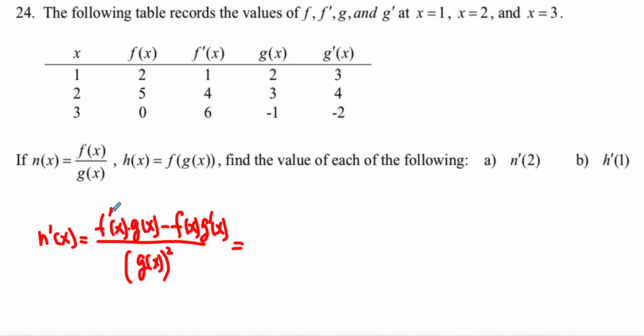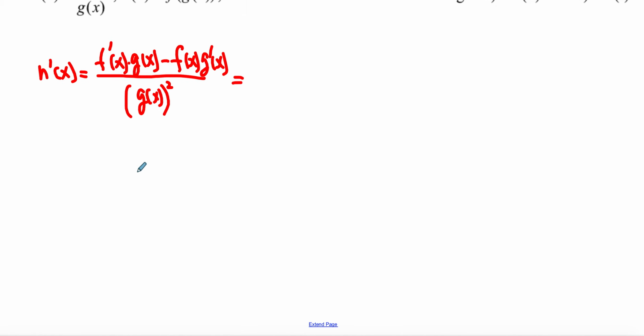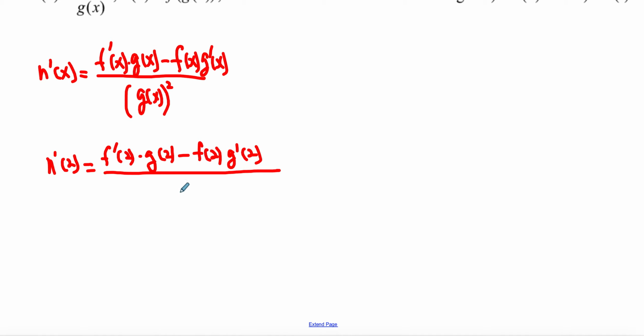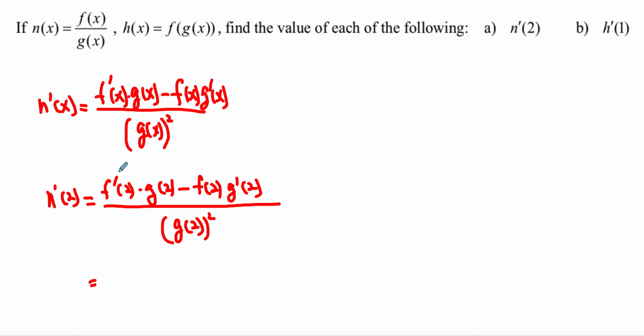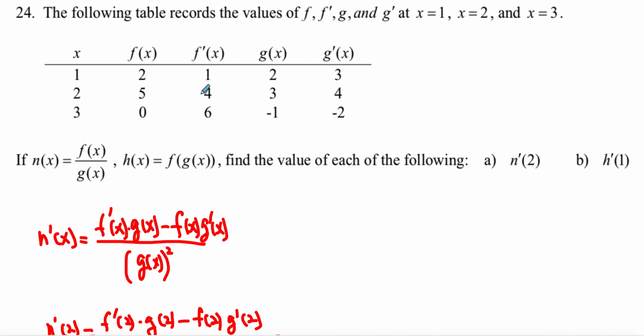Then, looking at n prime of 2, that means f prime of 2 times g of 2, just plugging in the numbers, minus f of 2 times g prime of 2, all over g of 2 squared. What is that equal to? f prime when x equals 2 is equal to 4.